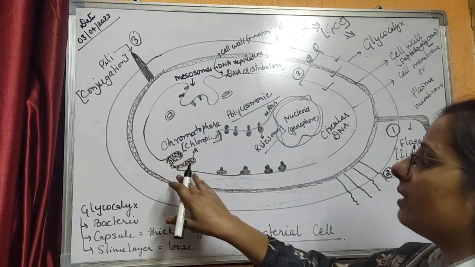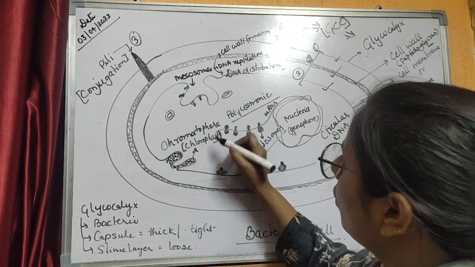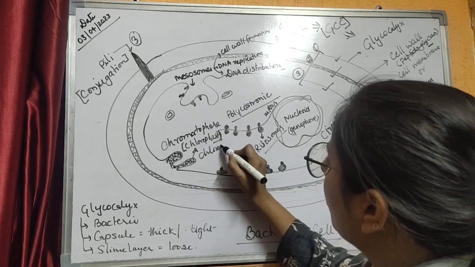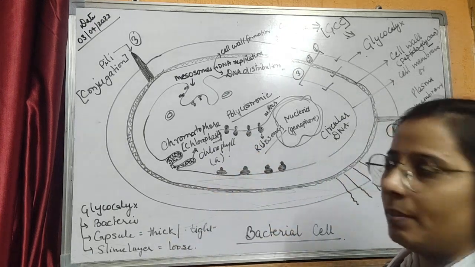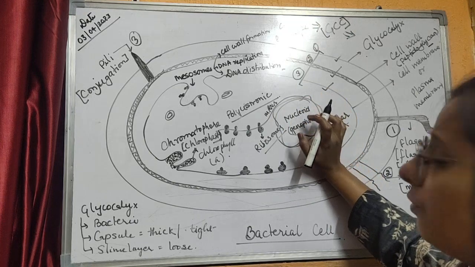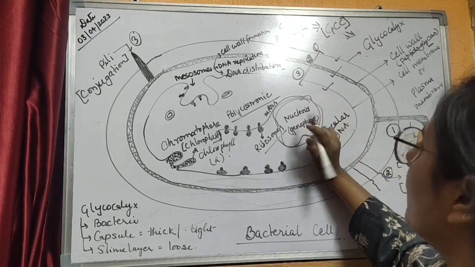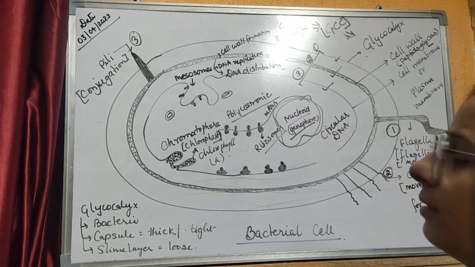While some foldings have chloroplast material, that is chlorophyll A, for photosynthetic bacteria, and it doesn't have an envelope for its genetic material, which is also called the genophore or the nucleoid.